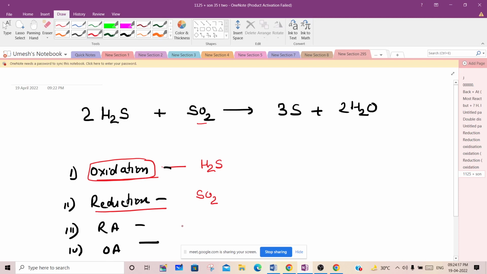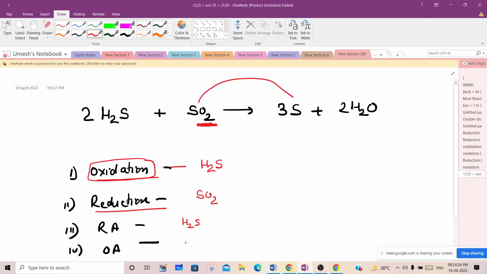H2S. H2S is removing the oxygen from the sulfur dioxide. Right? Okay, oxidizing agent. SO2. Everybody got it? Yes, sir. Any doubt till now? No, sir. No doubt, sir.